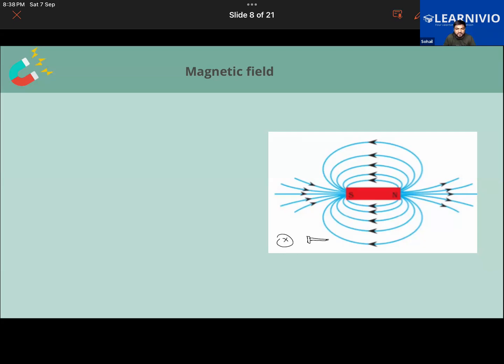But if I place it within this region, it will get attracted towards the magnet because it is within the magnetic field, in which the magnetic force of attraction acts upon the iron nail.